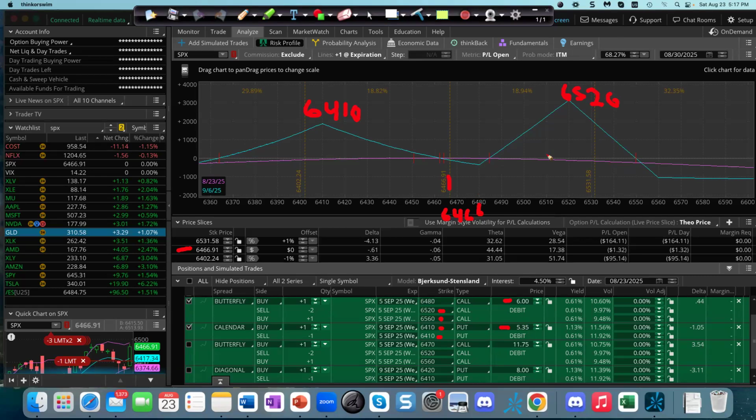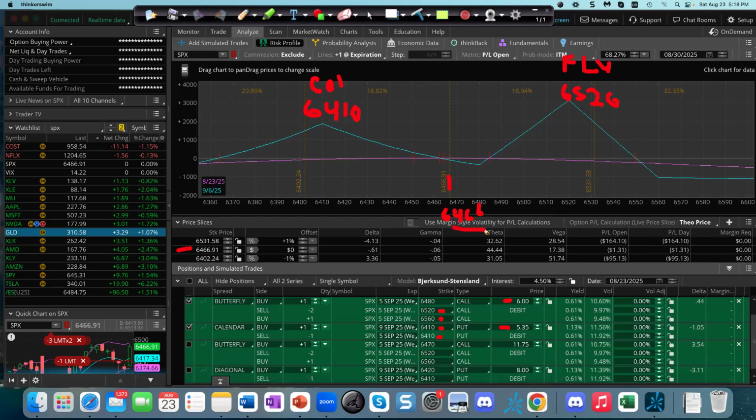It's a combo. So first of all, let's attack what is a combo. A combo is just two individual trades. It doesn't always have to be, but it's kind of two pieces. You could look at it as two individual pieces: you have a calendar on the downside and you have a fly on the upside. So that's a combo, right? And it gives you a wide area.